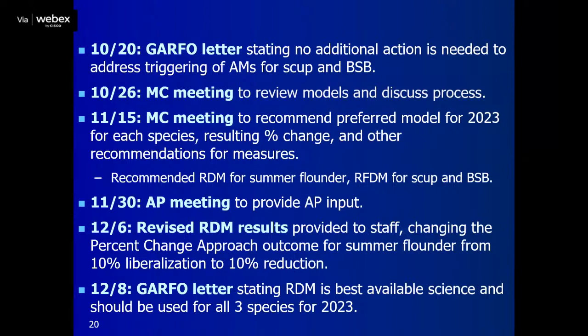Starting in October, we had the letter from GARFO about the accountability measures saying that no additional action is needed to address the triggering of accountability measures for scup and black sea bass.